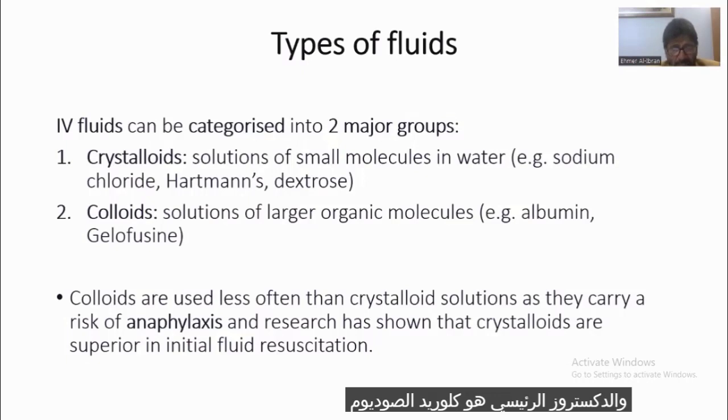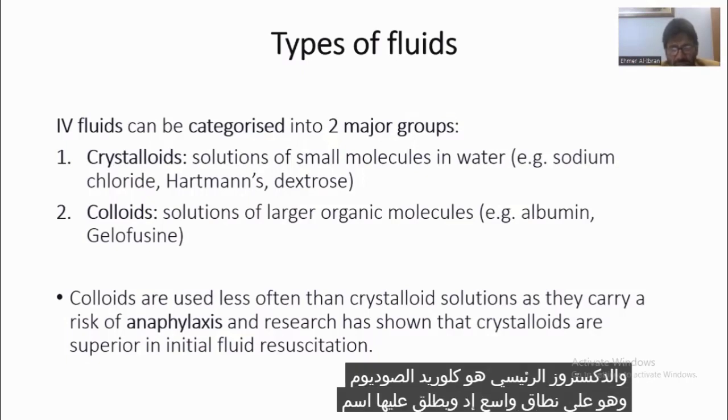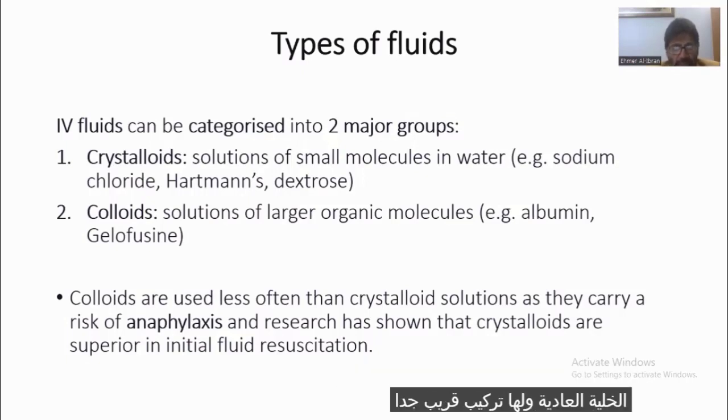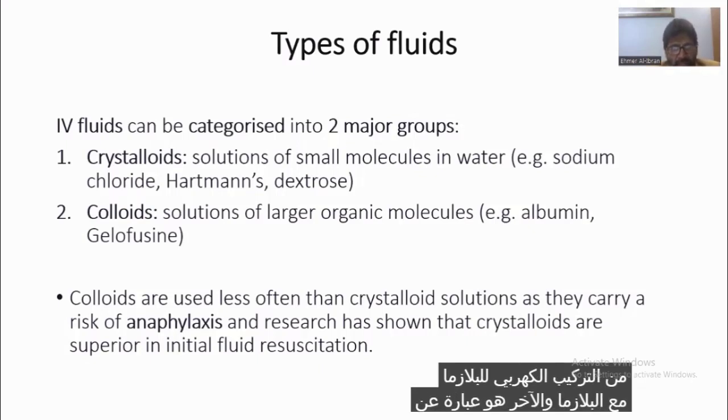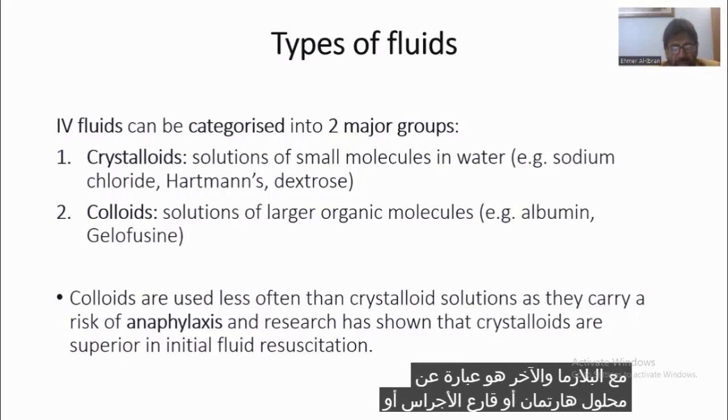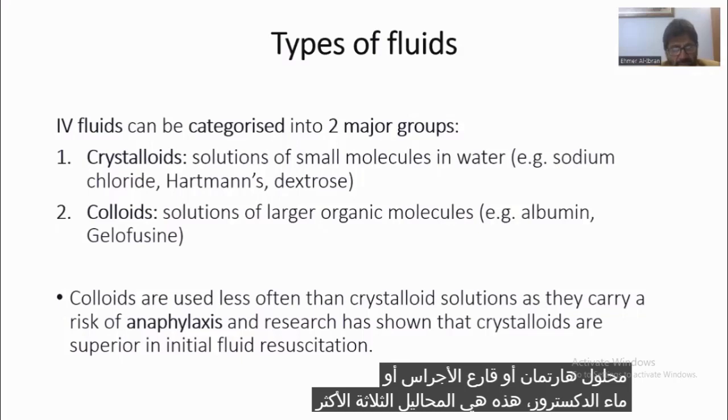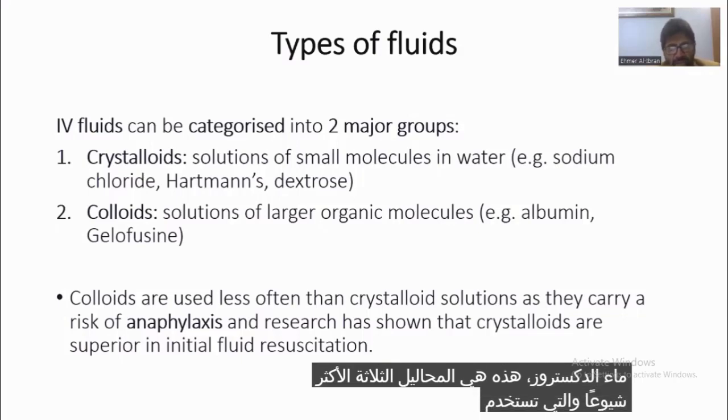Main is the sodium chloride, which is very widely used. It is called normal saline. It has a very close electrolyte composition with the plasma. And the other is the Hartmann solution or Ringer lactate or dextrose water. These are the three most popular solutions which are used for replacement.